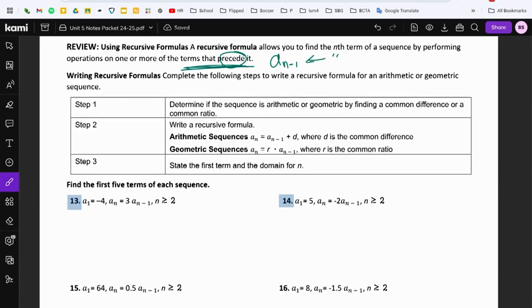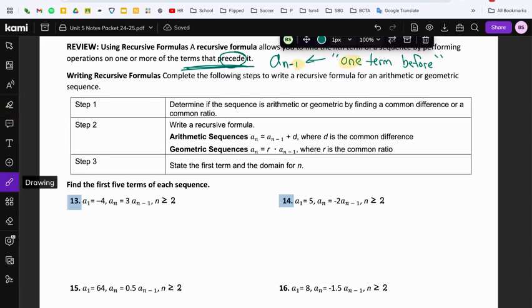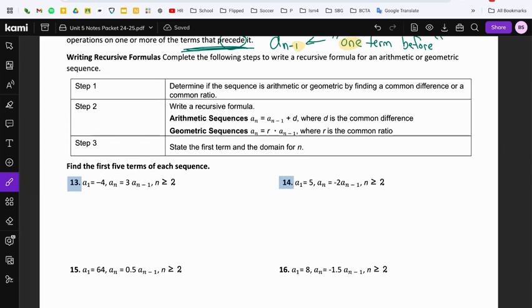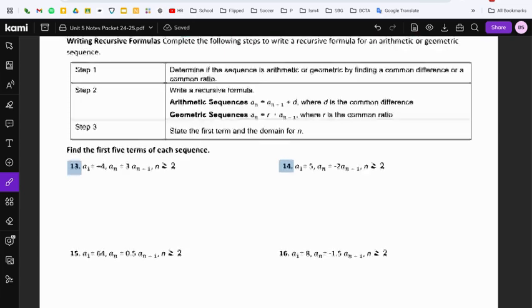And we said that means one term before. If I did a sub n minus 2, which we won't in this class, that would mean 2 terms before. So essentially we said, look, recursive formulas give you a definition based off of terms before, but they also need to define a first term.